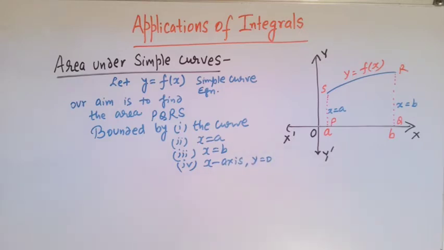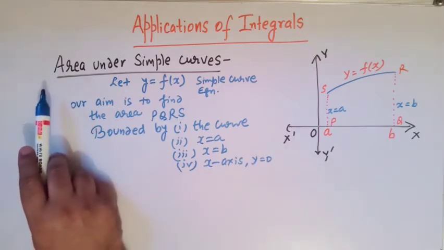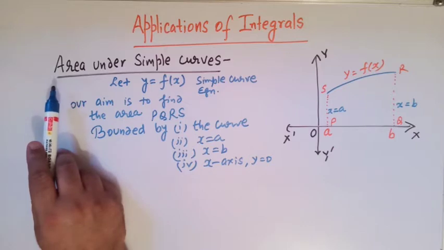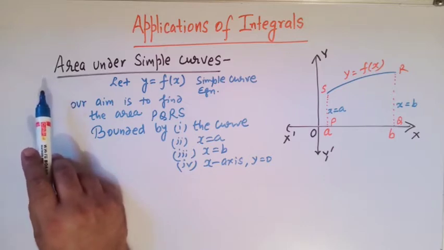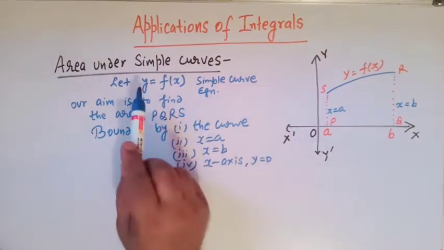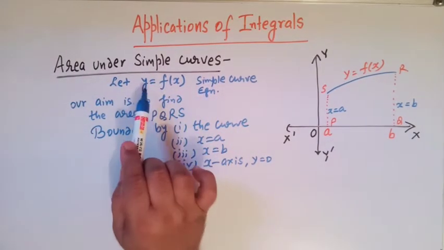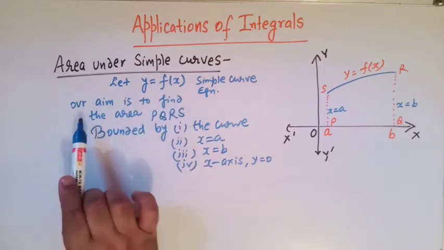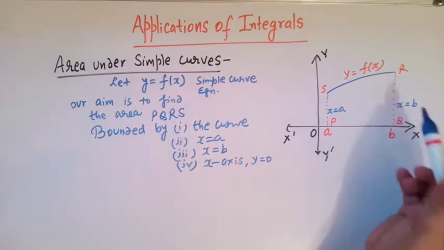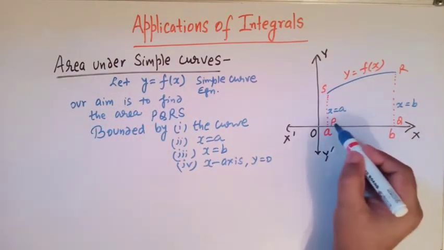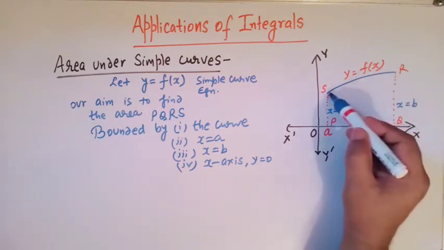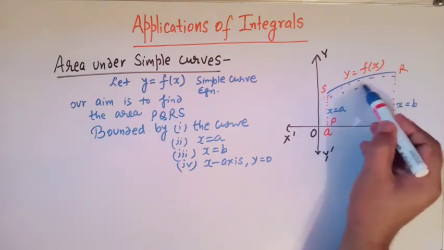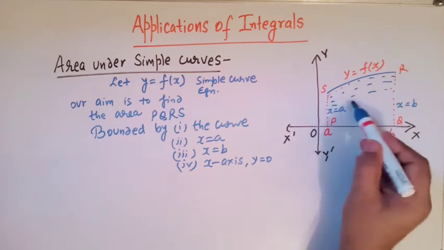Clear? So our aim is to find the area under simple curves, and to do this we have the equation of a curve y equal to f(x), and we have to find this area PQRS.